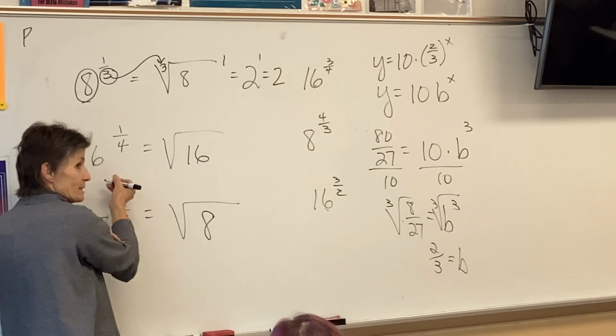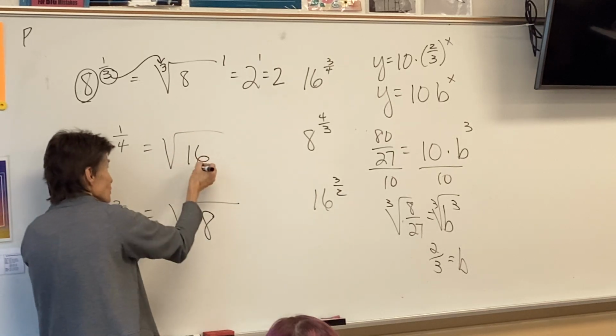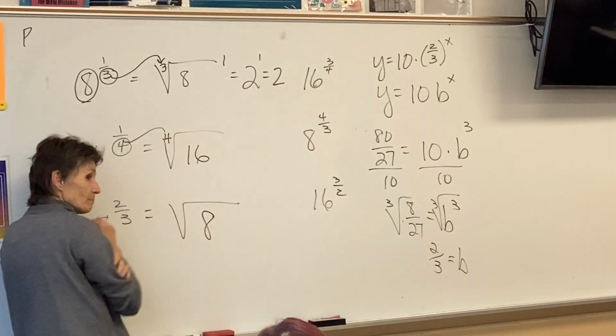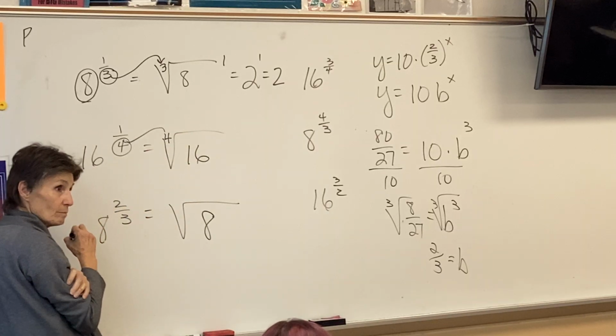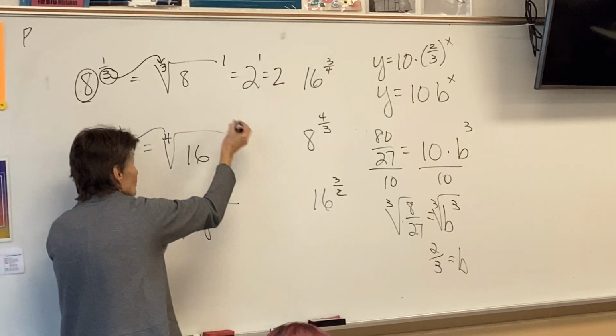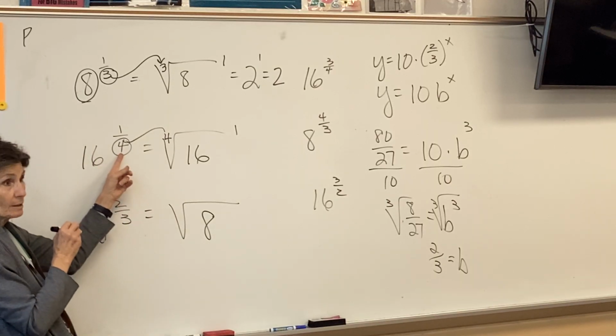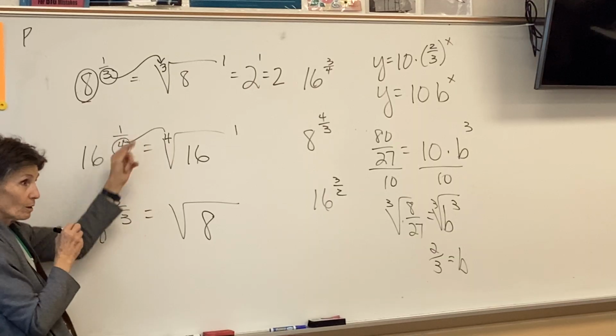Now what does this one say? Here's my radical, there's my 16. This tells me it's a 4th root, which is 2, and it's still going to be to the first power: root, power.